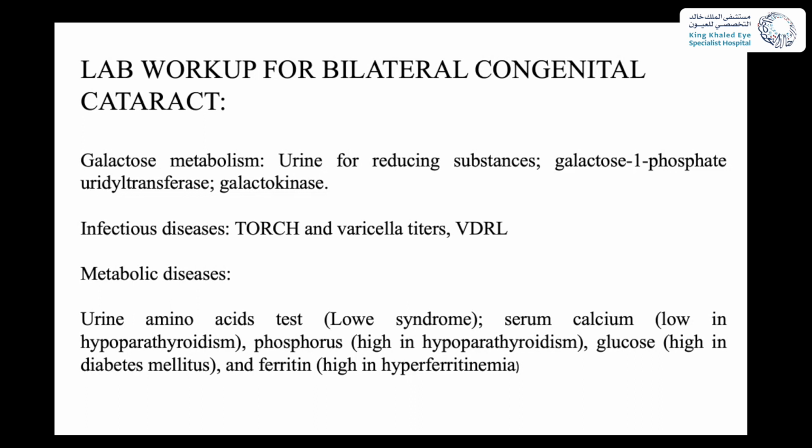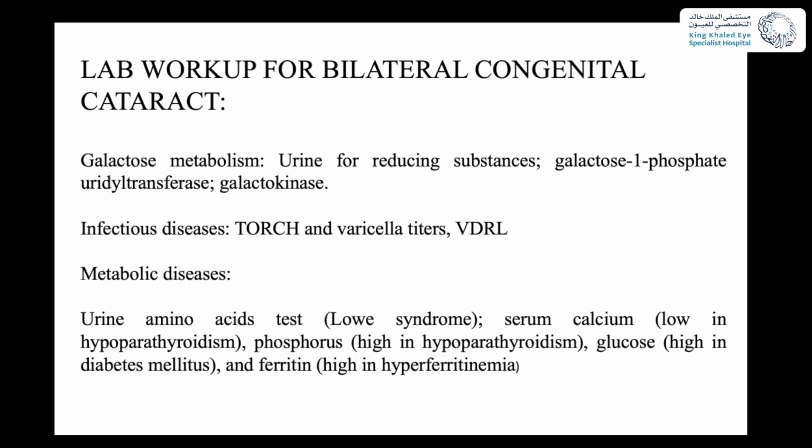For this reason, it's preferable to work up the patient: galactose metabolism, urine for reducing substances, galactose-1-phosphate uridyl transferase, and galactokinase test. You could ask for TORCH to rule out any history of intrauterine infection, metabolic disorder, and urine amino acid test to rule out Lowe syndrome.